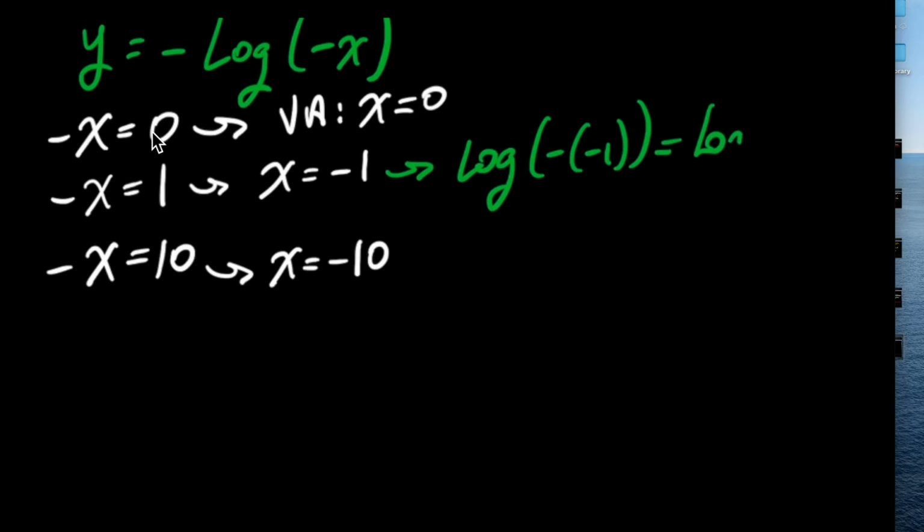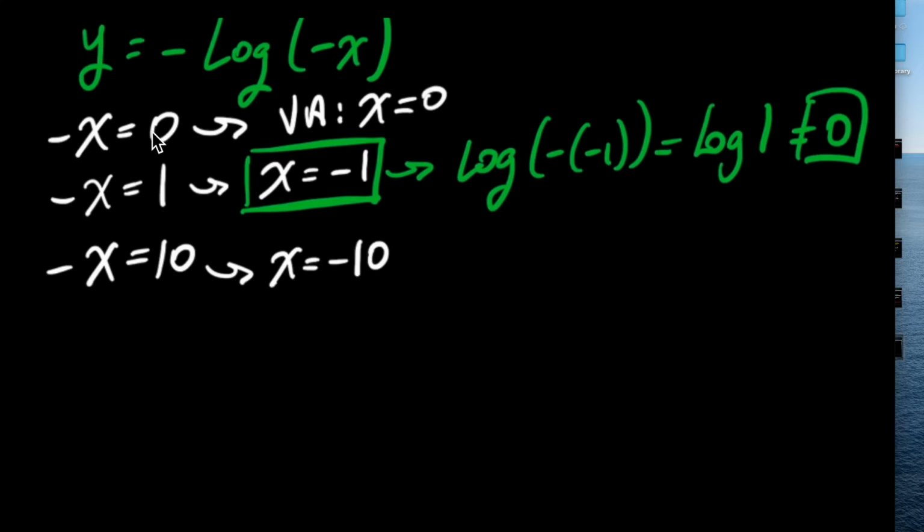That's going to be log of 1, which is going to equal 0. So our first point is going to be x equals -1, y equals 0. We're going to get our second point by plugging in -10 into the equation. Don't forget that negative in front.